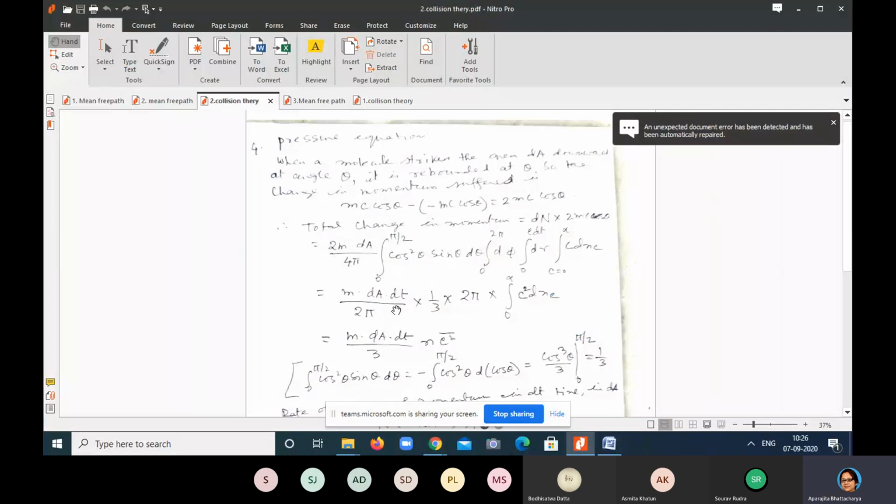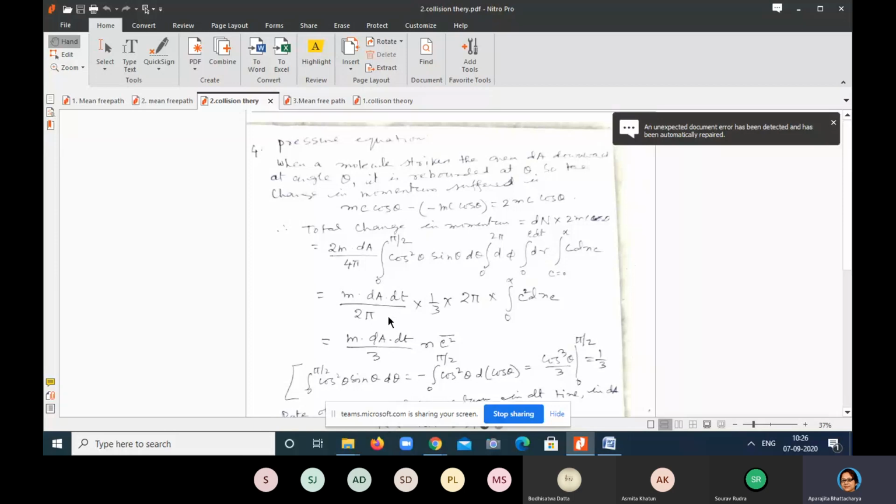Next we come to the pressure equation. When you find the value of n, the pressure equation is also very simple. The concept is a little bit different, though. When the molecule strikes the area dA downward at an angle theta, it rebounds at an angle theta, so the change in momentum suffered is mc cos theta minus minus mc cos theta, because the cos component will contribute.